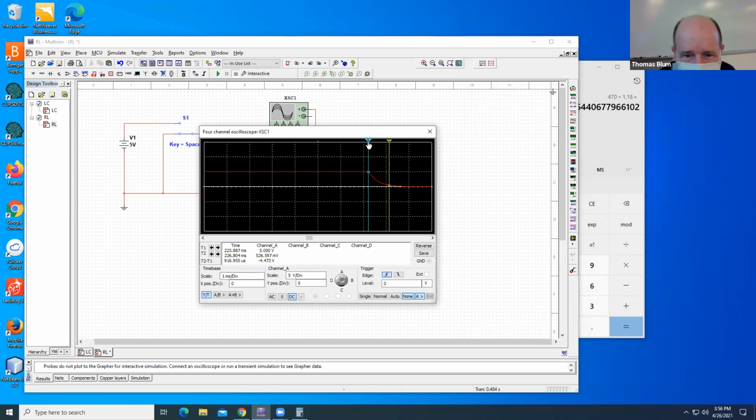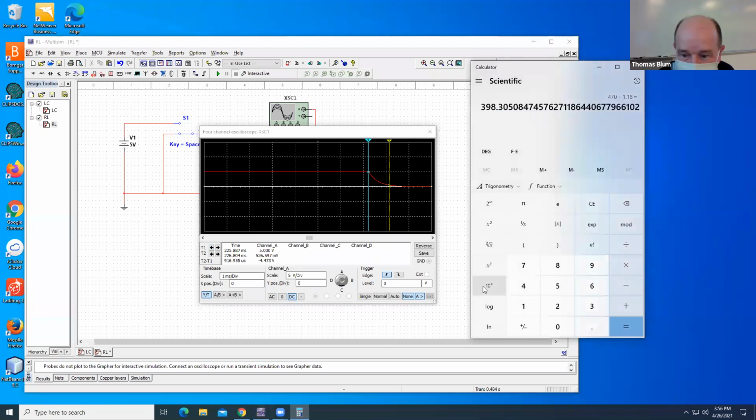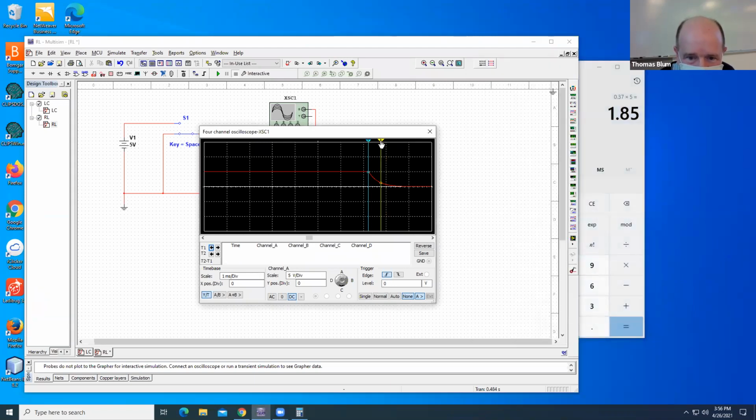And our usual going down game is, okay, here it is 5, and I want to see the last time it's 5, and then go back, there it's 5. And then when you're going down, it's 37%. So 0.37 times 5 is 1.85. So that's what I want the voltage to be at, 1.85. 1.856, that sounds pretty good.